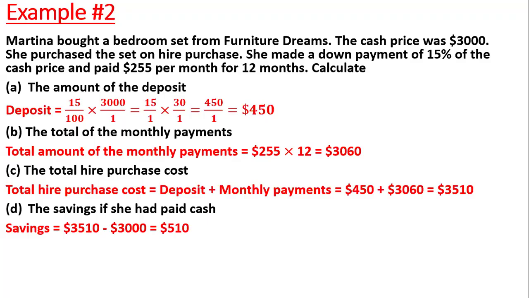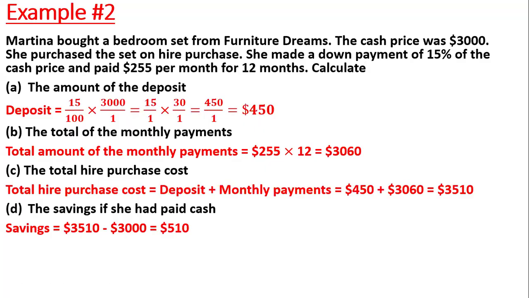Why do we do 15 over 100? Because if you look here, they say the down payment is 15%. Very good. So we use 15% of 3,000. We cancel the zeros and multiply 15 times 30, that gives us 450. Do you understand that part?